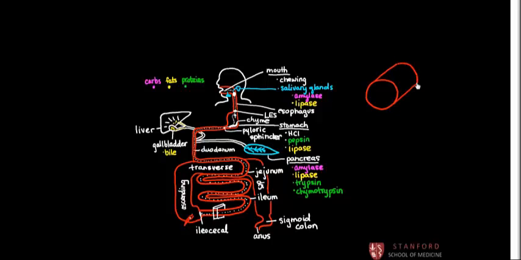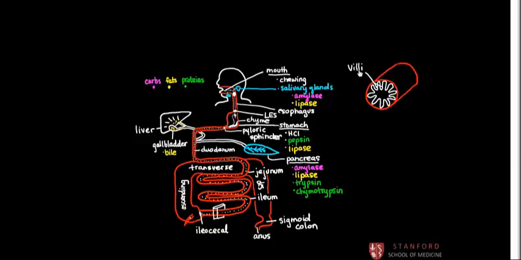And that tube on the inside is going to have these kind of finger-like projections. And these finger-like projections are called villi. So this is a villus, but I'll write the plural term, which is villi. And I'll just make this arrow point to two of them so you understand that that's the plural term.